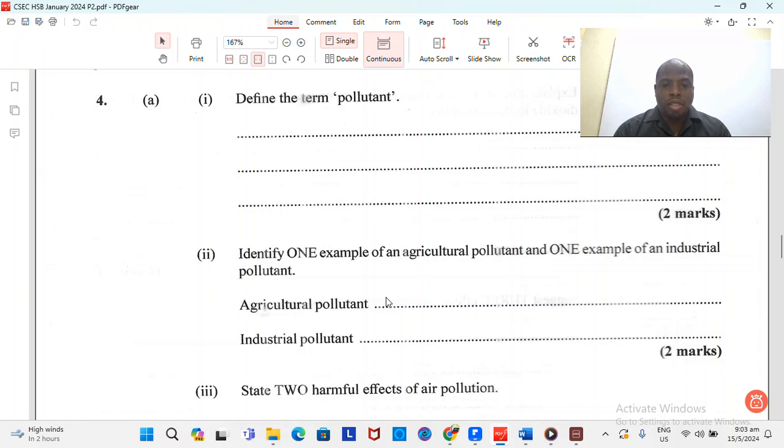These include pesticides and fertilizers. Pesticides will be able to venture into the aquatic environment, and it can cause harm. We also have fertilizers.